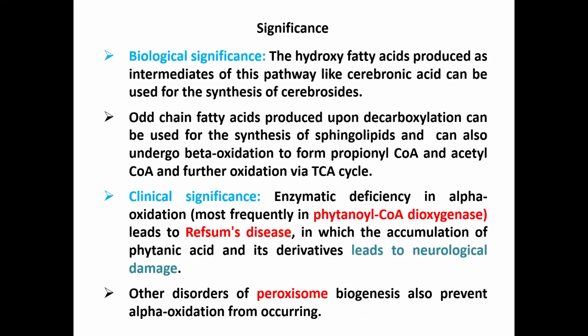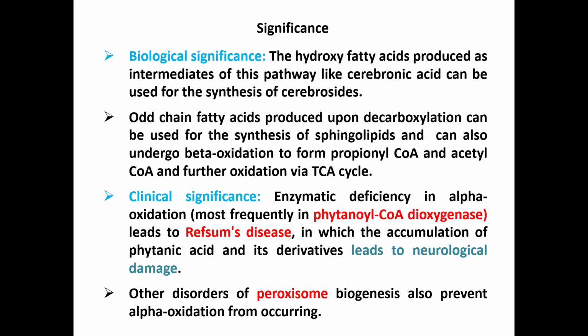Now, the biological significance of alpha oxidation. Biologically, the hydroxy fatty acids produced as the intermediate of this cycle, like cerebronic acid, can be used for the synthesis of the cerebroside. Cerebrosides, you know it very well, are very important constituents of the phospholipids.